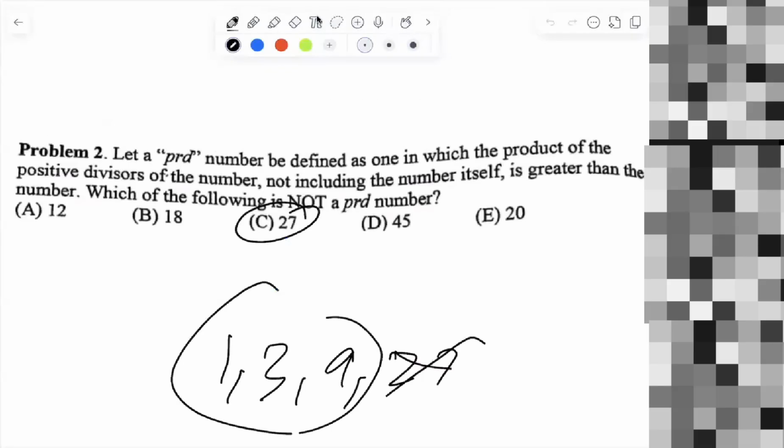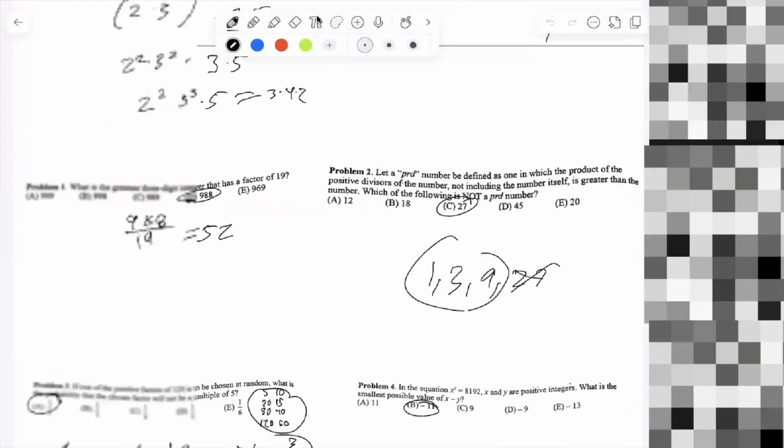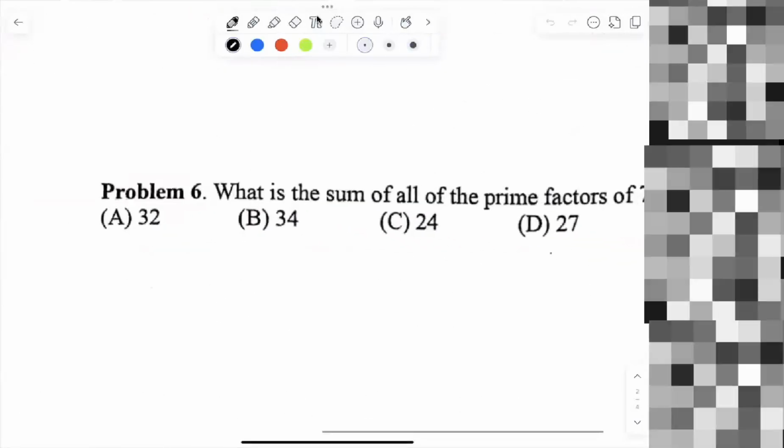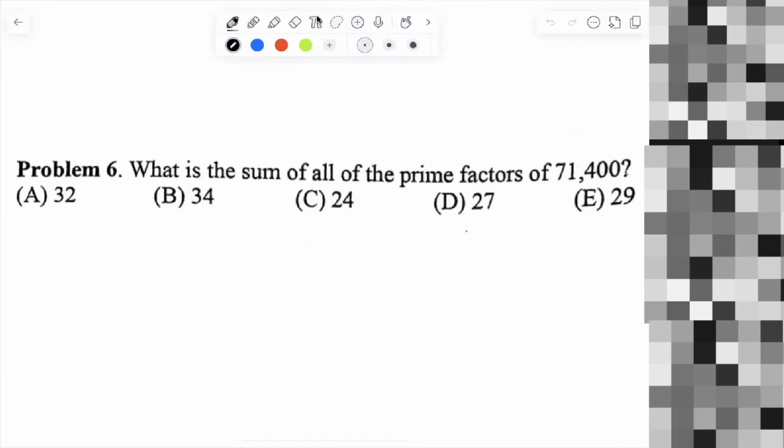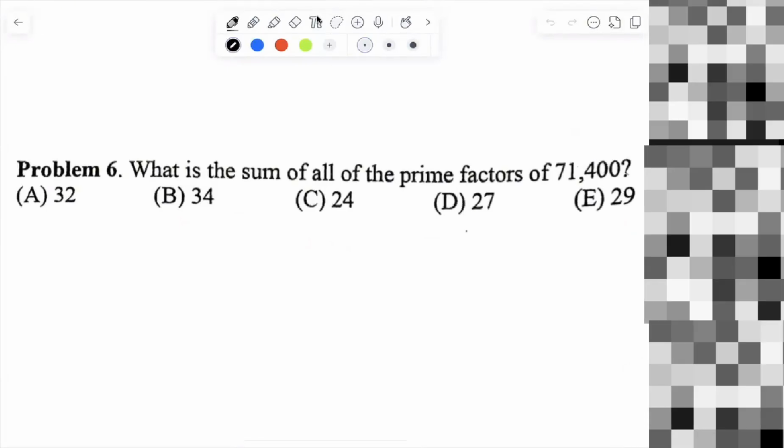Alright, guys, let's get started on this question. Oh, hold up. What is the sum of all the prime factors of 71,400?